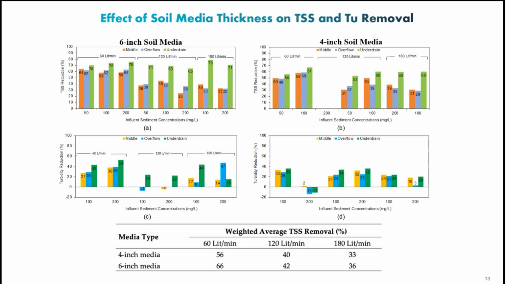We look at sediment loading of 50, 100, 200 milligram. You see the results in different colors. Then we have 3 different hydraulic loadings, 60, 120, 180. You see a trend here. In general, the 6-inch performs better than the 4-inch medium in terms of reduction of TSS.